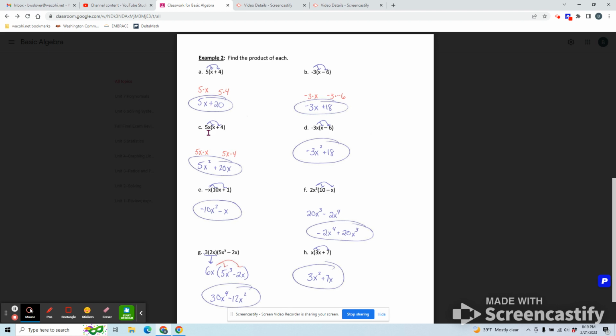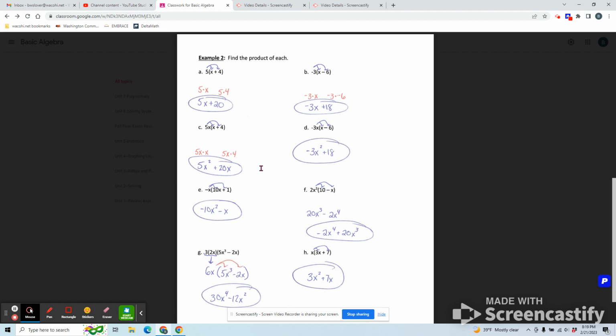We are distributing a variable with a coefficient. So 5x times x, 5x times 4. In red, I showed what I was doing and how I got my answer. 5x times x is 5x squared. Remember, you add your powers together. 5x times 4 is going to give you that 20x.